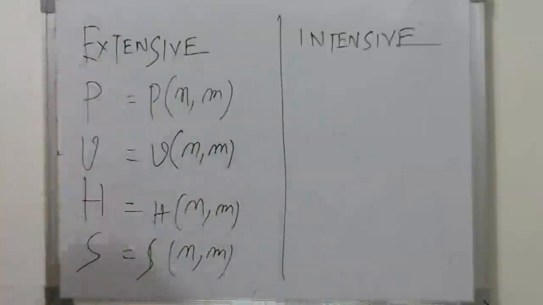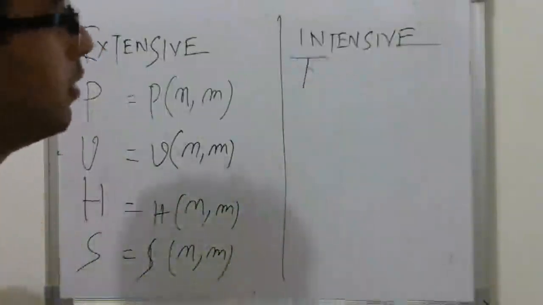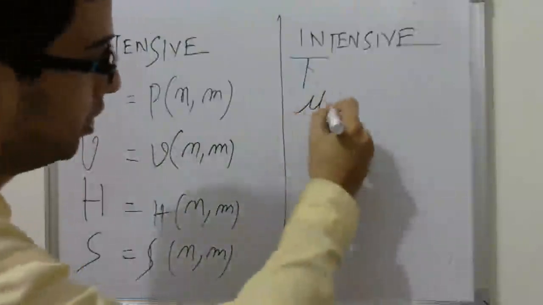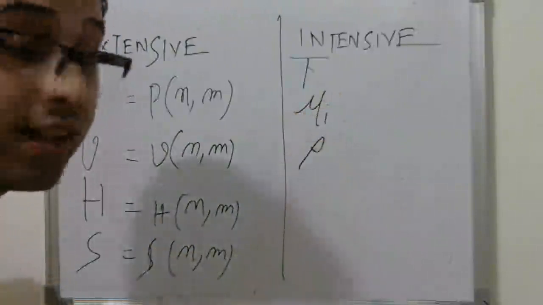What are the intensive properties? Intensive properties are those which are not dependent on the mass or size of the system. For example, if you talk about temperature, this is an intensive property. You can talk about chemical potential, which is an intensive property. For example, density is an intensive property.